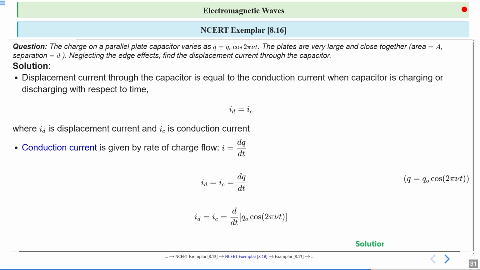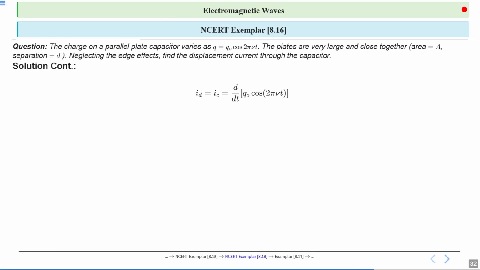Now we will differentiate it. Q naught is constant, so it will come out of the derivative. So ID will be equal to Q naught times the differentiation of cos 2 pi nu t with respect to time. Here 2 pi nu is constant, t is variable.